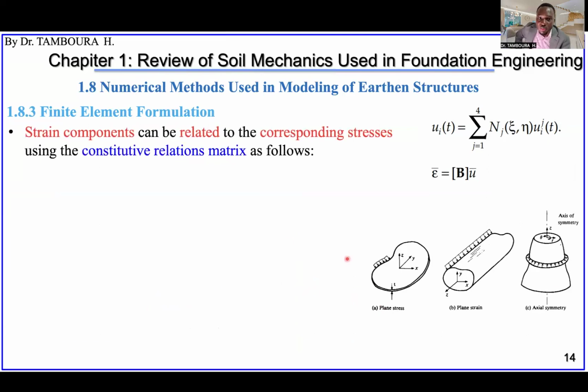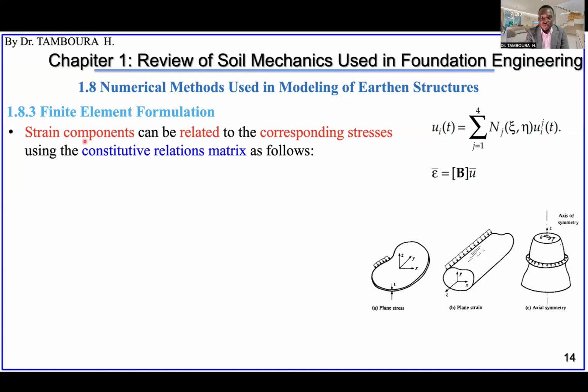The strain component can then be related to the corresponding stress, because it is stress that is causing strain. Stress causes displacement, and from the displacement we have our strain. So we need a relation between stress and strain.